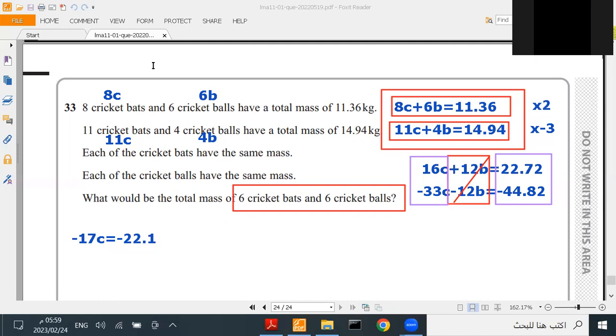I'll take the negative 17 to the other side by dividing, because it is multiplied here. So C equals negative 22.1 divided by negative 17.